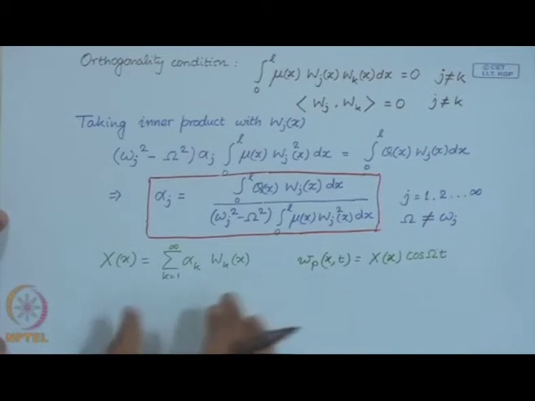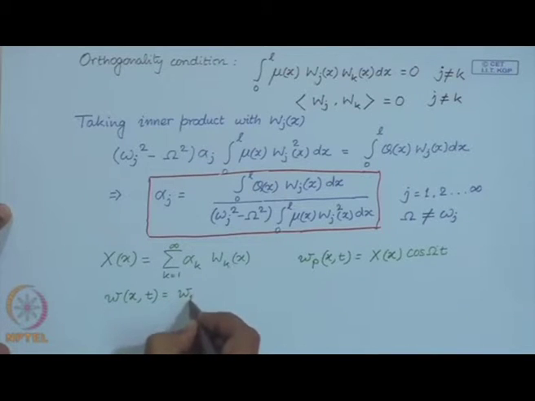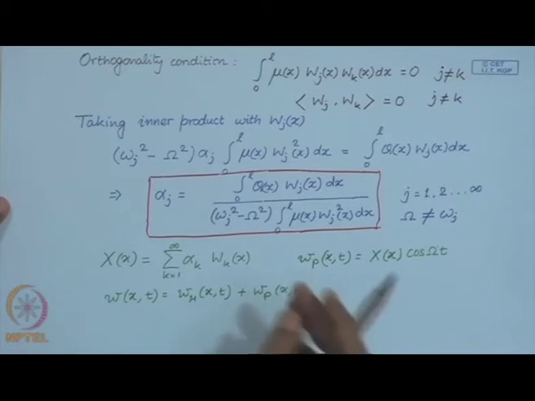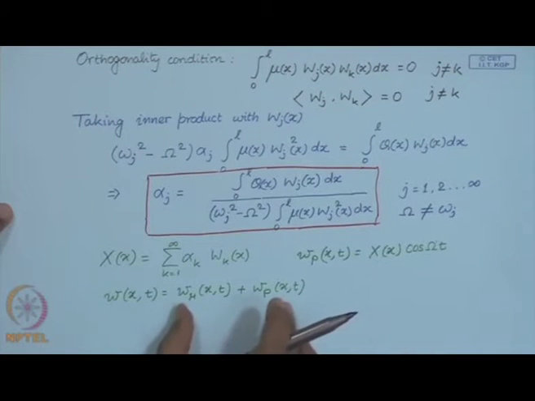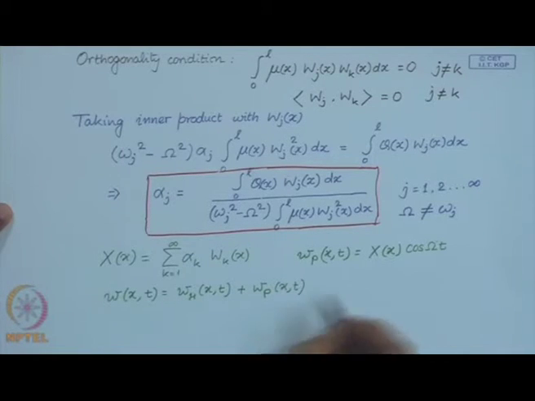This has to be substituted in the complete solution, and remember that the homogeneous solution has these unknown constants C k and S k, which I had written a few moments ago. Those constants are to be determined from the initial conditions. So, we have to apply the initial conditions.